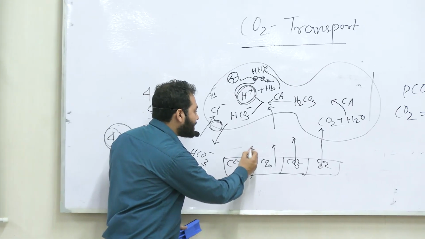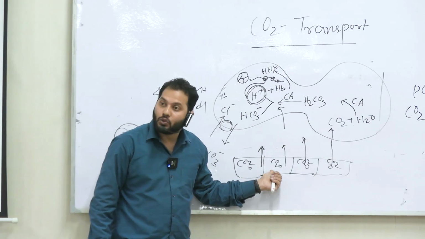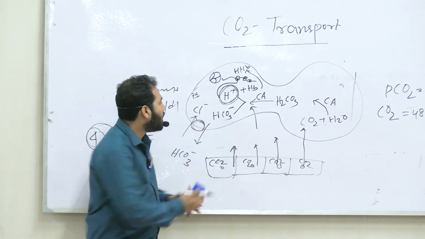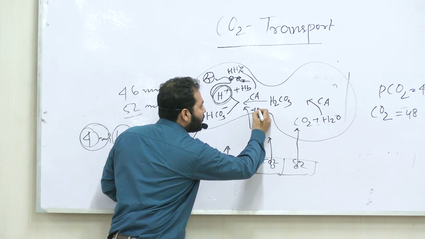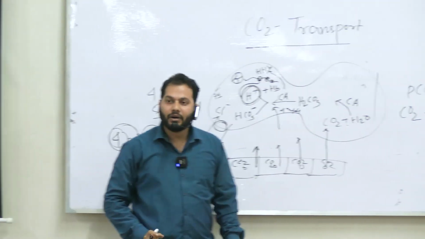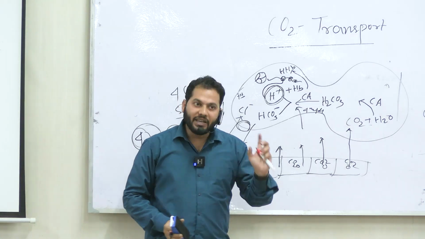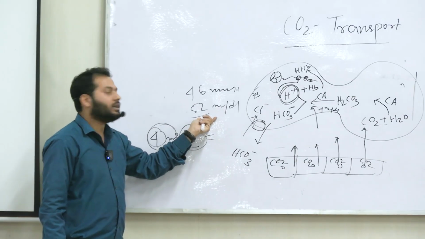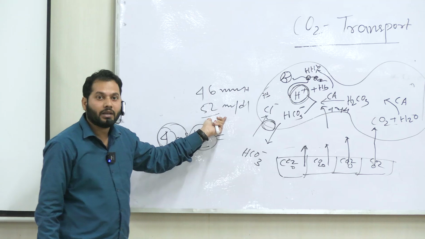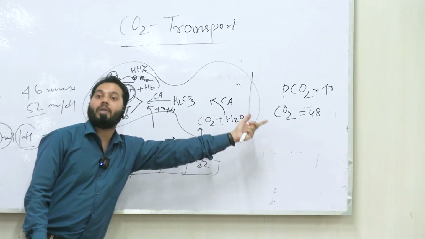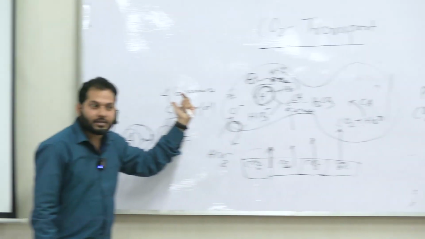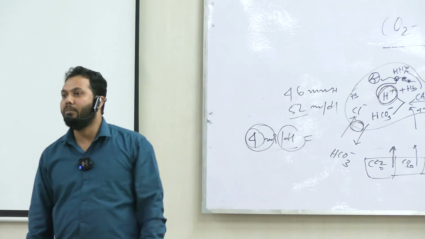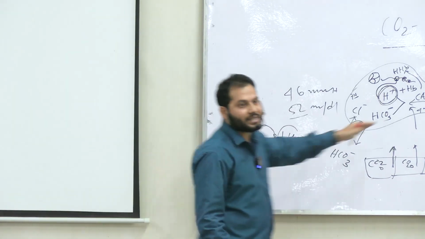Means the carbon dioxide that is diffused from the tissue to the plasma is 4 ml per deciliter of blood, right? Am I clear? Here it was 48, but in venous blood it is 52. It means during the transportation of carbon dioxide from arteries to the veins, tissue releases around 4 ml, that is 4 ml carbon dioxide, right?